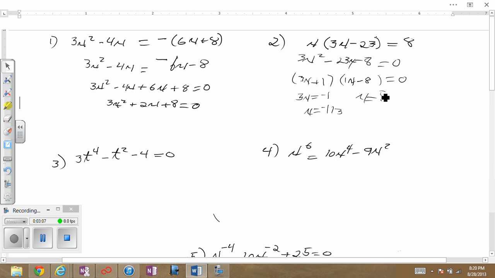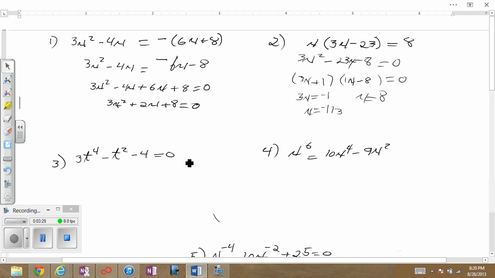Okay, now here, you're going to say, wow, I don't like this because it's a 4th power. And this here is the 2nd power. So could I expect up to 4 solutions? You might. We'll see what happens. Now, problems like this, my suggestion is you make it look more user-friendly.